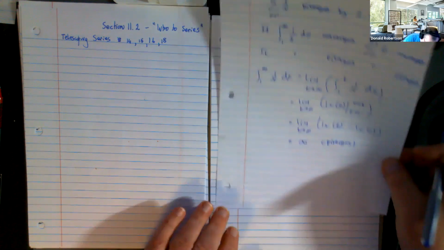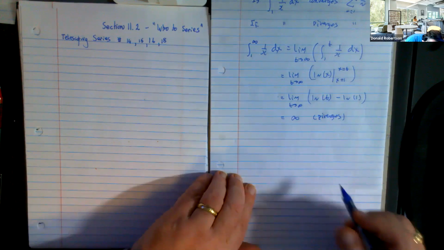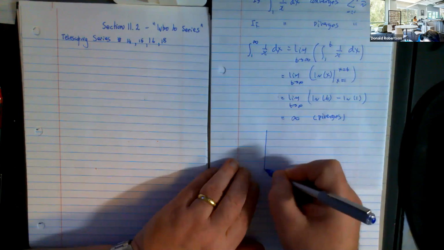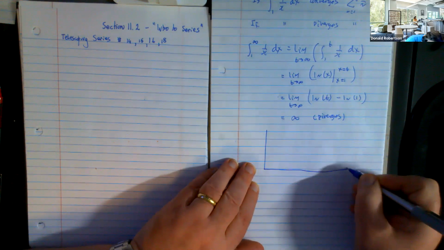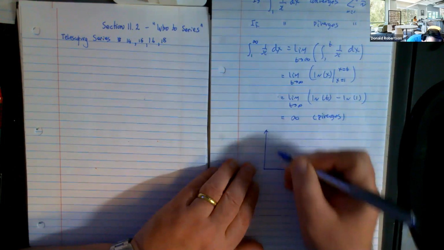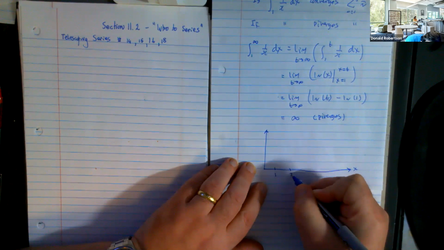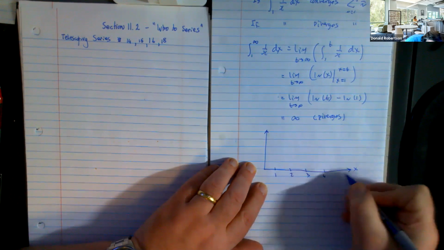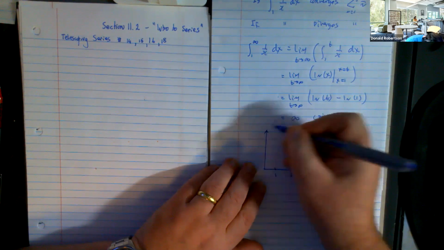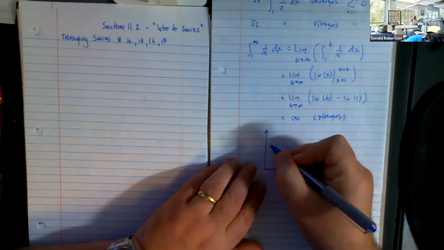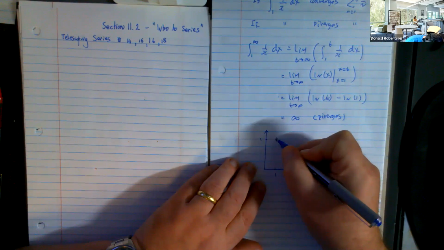So how about me trying to explain how on earth this process works? Imagine that you chose as an x-axis the numbers 1, 2, 3, 4, and you got the value of 1 over x. Well, it'd start off at 1, right?